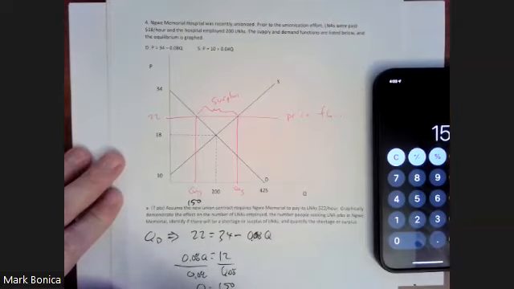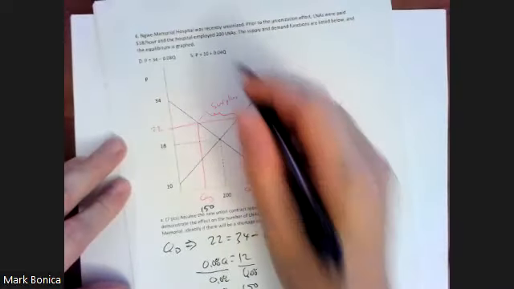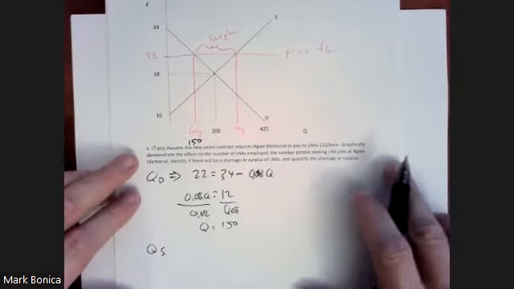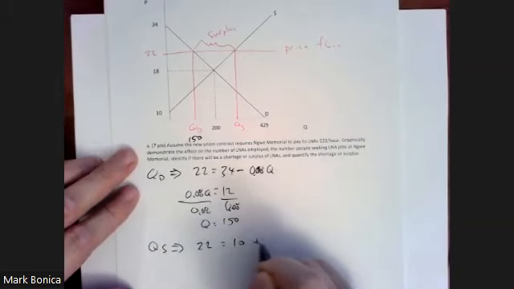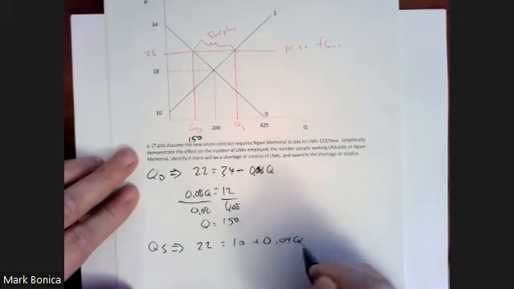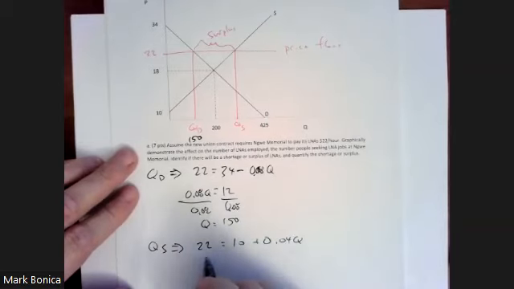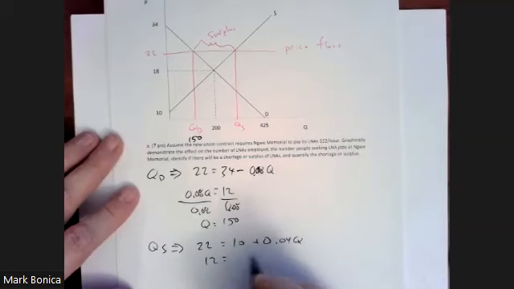And then the quantity supplied is going to be based on P equals 10 plus 0.04Q. So where P is 22, so 10 plus 0.04Q. Subtract 10 from both sides, we get 12 equals 0.04Q, right?